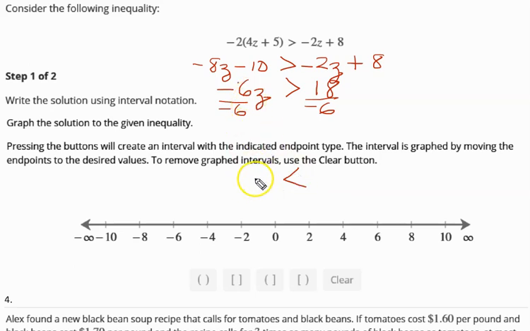So now I get z is less than a -3. Again, whenever you have to divide using inequalities, you have to change the direction of the inequality sign to keep the statement true.